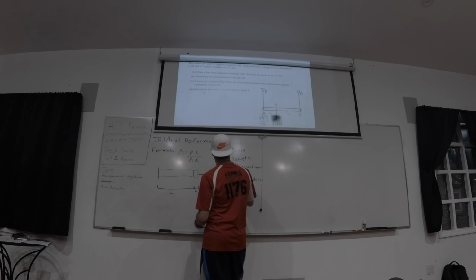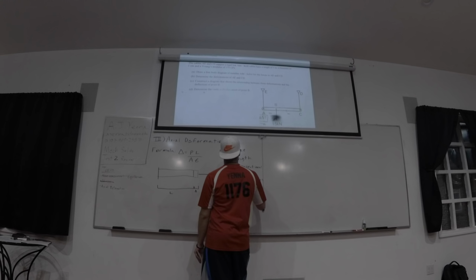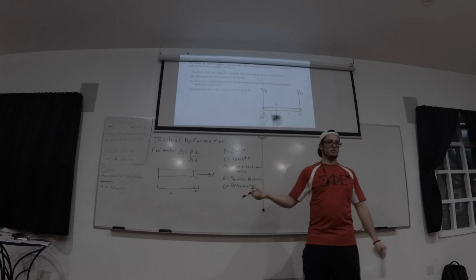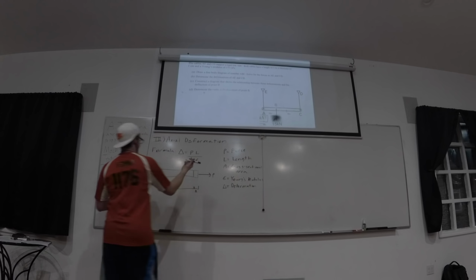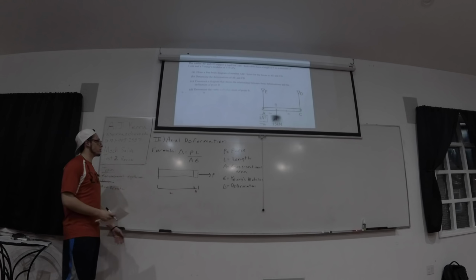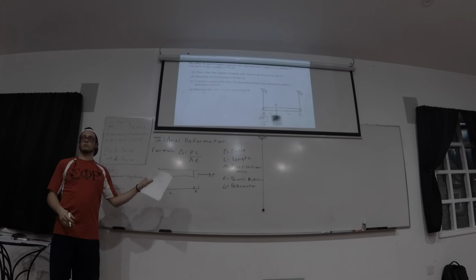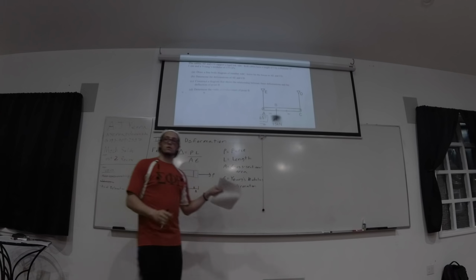E is Young's modulus, and delta is the deformation. More often than not, you're going to be solving for delta as opposed to the other way around. So that's the equation. This is kind of graphically drawn out. Any questions on that? That part's pretty straightforward.